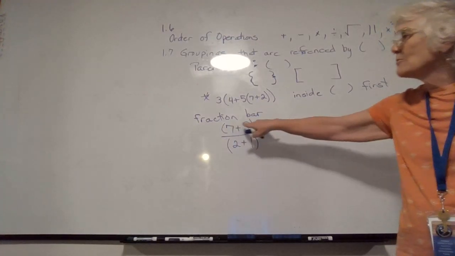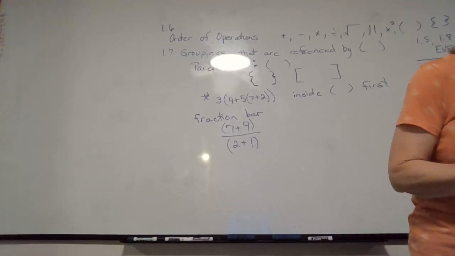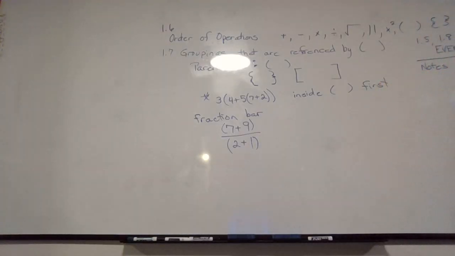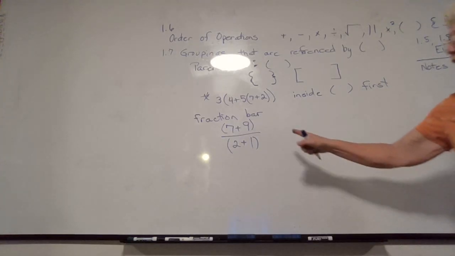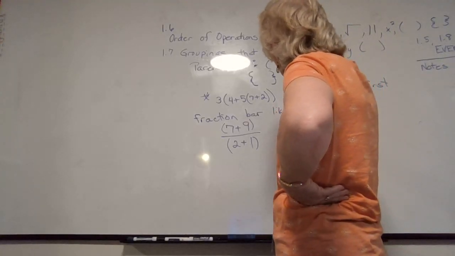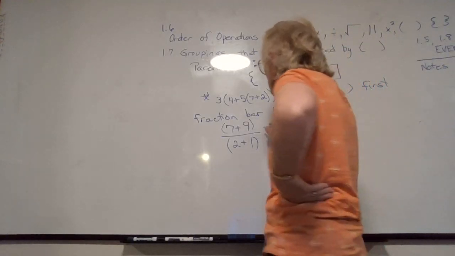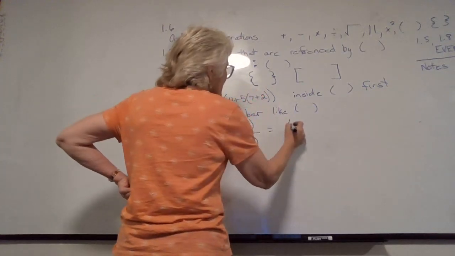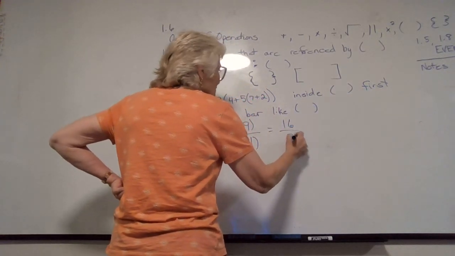We don't normally write those parentheses there. So you just have to realize when you have a fraction bar, and if there's adding and subtracting or multiplying, you should do all that on top, do what's on bottom, and then do your division after that. So the fraction bar is like a parenthesis. Okay, so in this case, this would be 16 divided by 3.